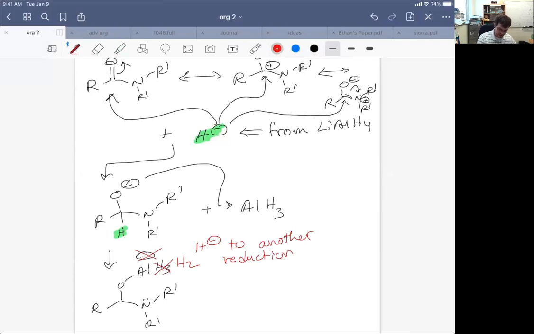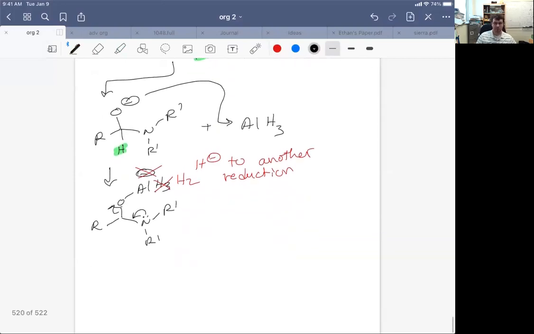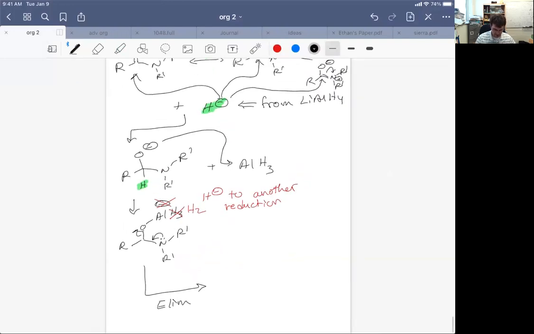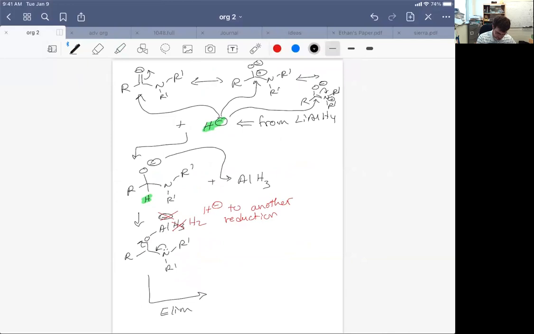What we need to focus on though is the lone pair on the nitrogen coming down to push off the oxygen as a reasonable leaving group when it's adducted to a Lewis acidic element like aluminum. This is an elimination step that helps to culminate our addition elimination sequence.